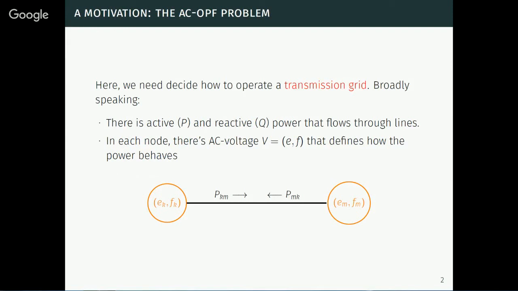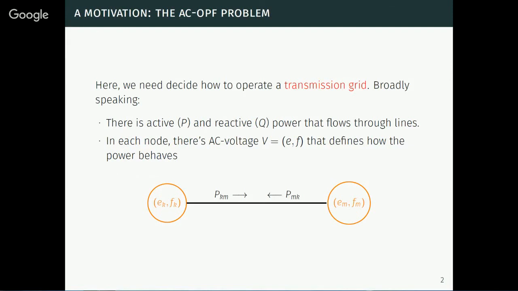And in each node, you'll have a voltage. Voltage in this case is represented as a vector in R2 because it's a wave. Depending on the voltages on both ends of some line, you'll have some current flowing through it. That depends on this difference of voltages.